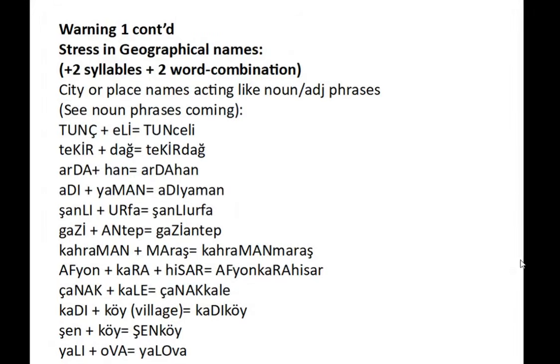What about combinations? I mean cities or place names acting like noun phrases or adjective phrases. We'll see it. Phrases are coming soon. Tunceli, Tekirdağ, Ardahan, Adıyaman, Şanlıurfa, Gaziantep, Kahramanmaraş, Afyonkarahisar, Çanakkale, Kadıköy, Şenköy, Yalı plus ova, Yalova.